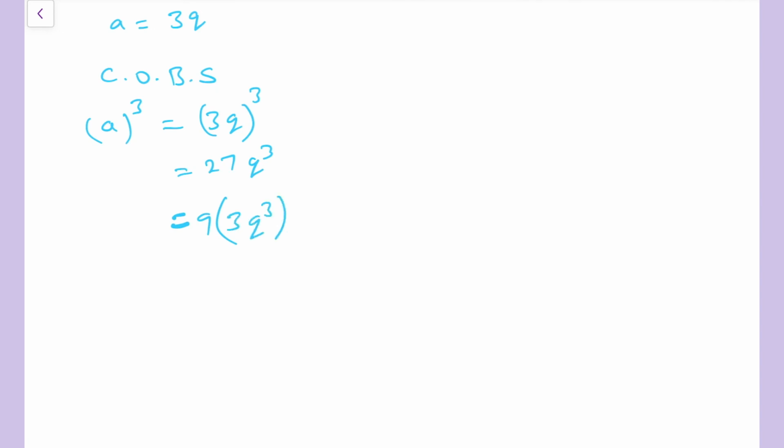Now it is in the form of 9m. Next, let us take the second remainder then. A equals bq plus r is the Euclid's division.